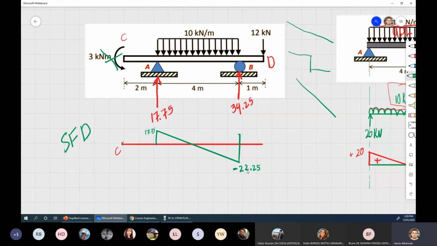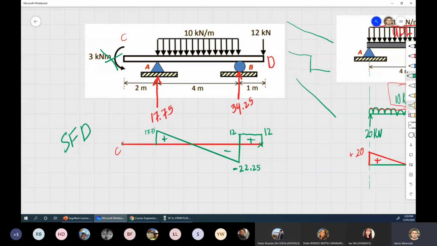I'm already at 22 negative, adding 34, that will make it 12 upward. Correct. What will happen after, guys? Go straight. Perfect. There's no change between these 2 points, and then going back to 0. All good. So that is positive, that is negative, that is positive.